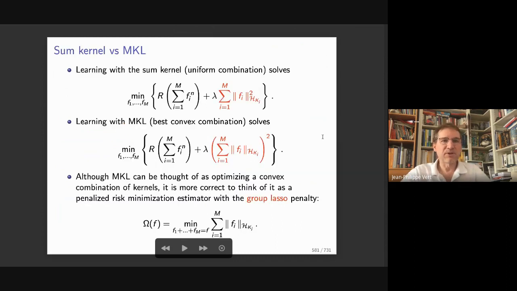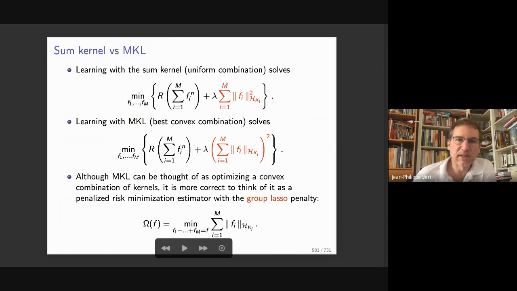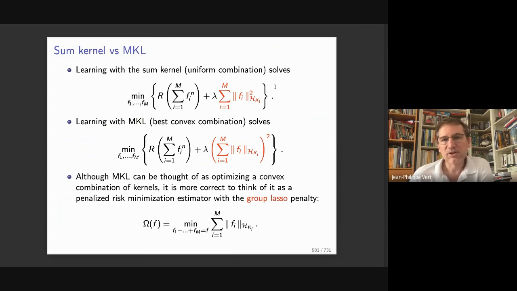All right. Second comment: let's discuss a little more the result I mentioned of Francis Bach and colleagues about reinterpretation of MKL as a different penalty. Here I rewrite, to make the difference clear in terms of mathematics, what optimization you solve when you train with a sum kernel. You have n kernels, you put them together and solve your SVM, for example.